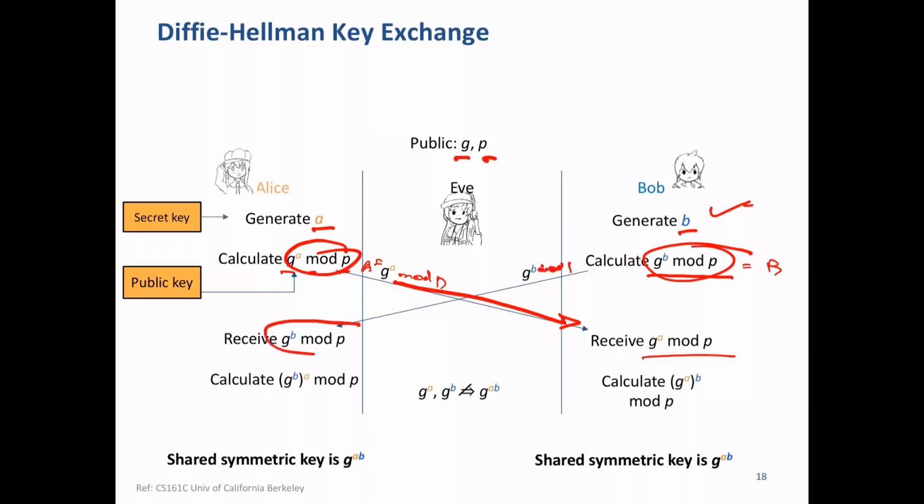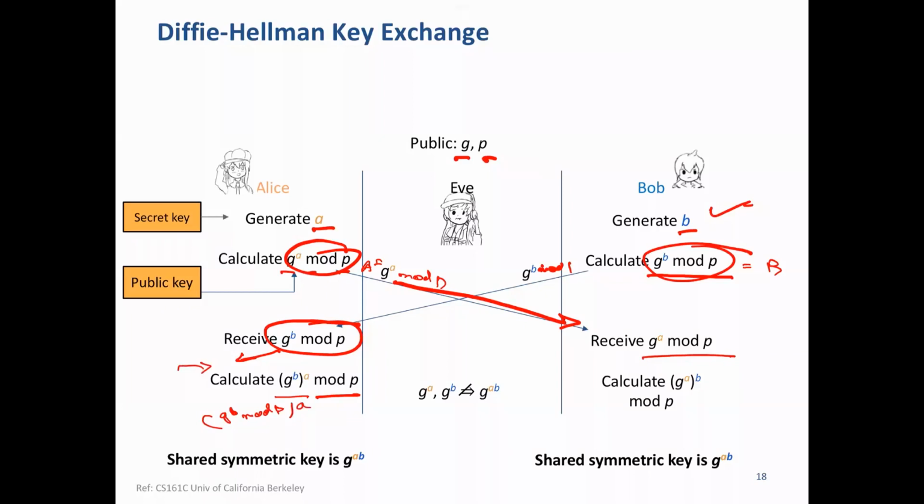Eve receives this as well. From the received number, Alice raises it to the power A and gets g raised to the power AB mod p. Based on modular mathematics, raising g raised to the power B mod p to the power A translates to this.